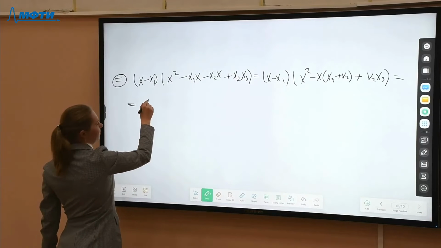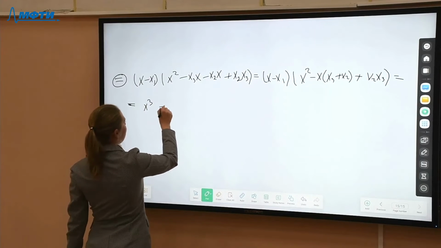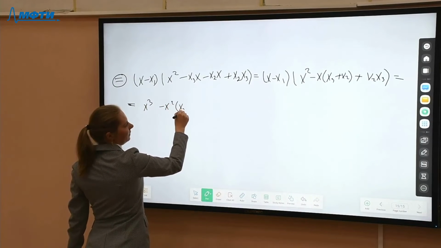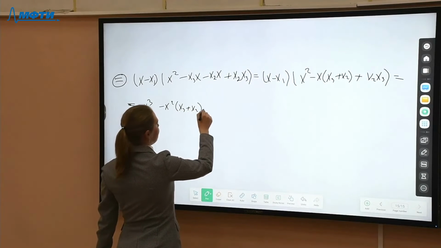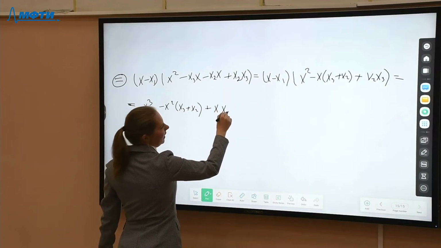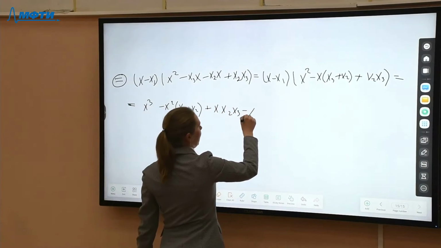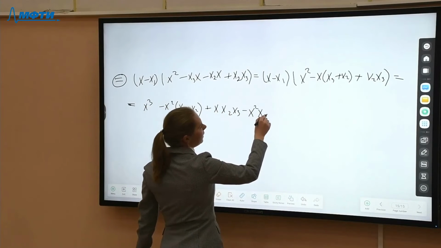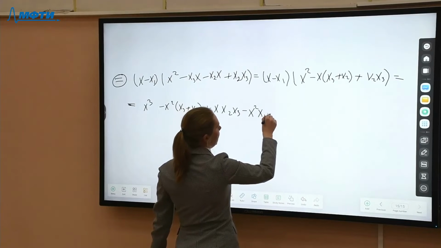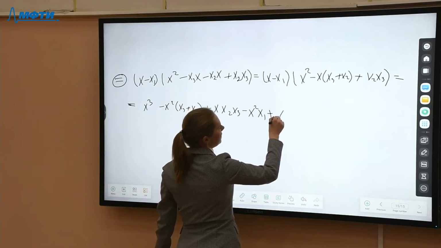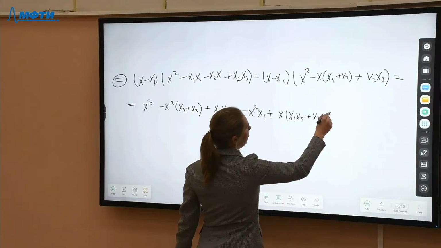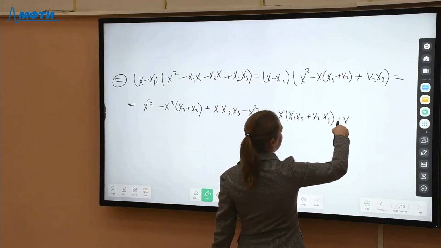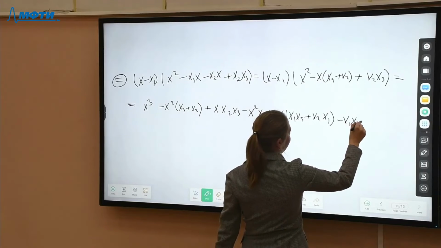This is x cubed minus x squared x3 plus x2, plus x x2 x3, then minus x squared x1, then minus by minus is plus x x1 x3 plus x2 x1, and plus minus x1 x2 x3.